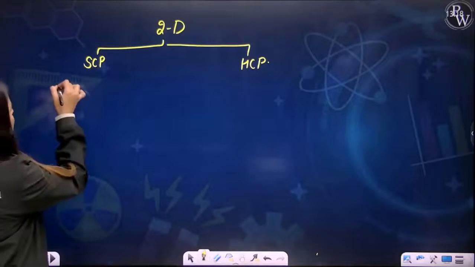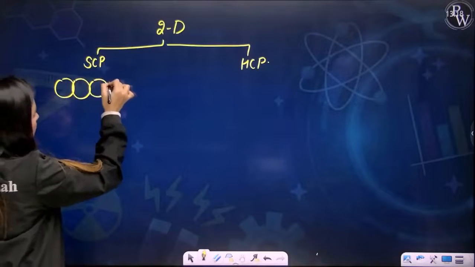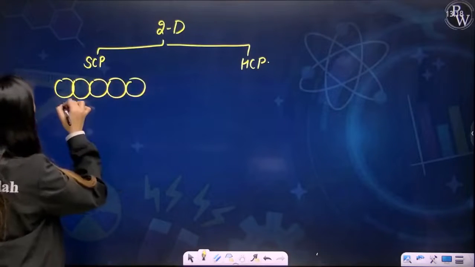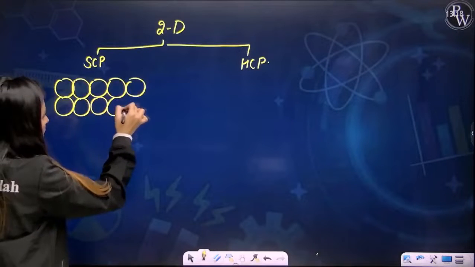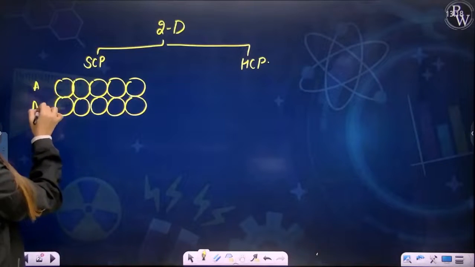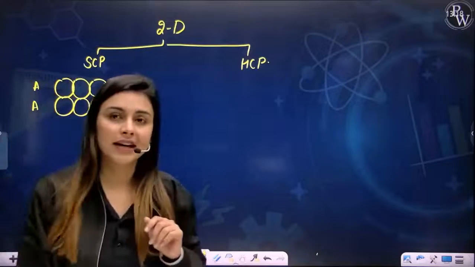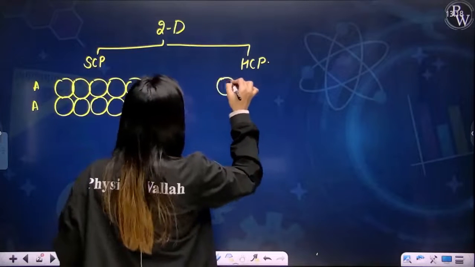If I talk about SCP, then I have atoms like this, and the exact same layer is below it. So this is my SCP, which is also known as AAA type of layering in two dimensions. Now if I talk about HCP, then it could be something like this.